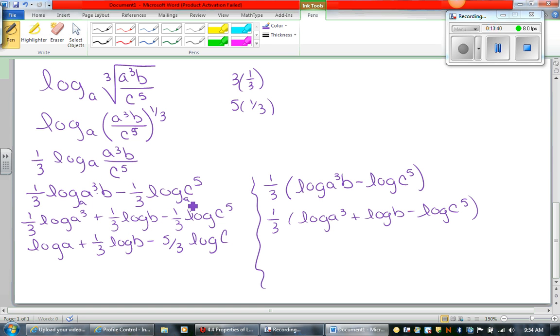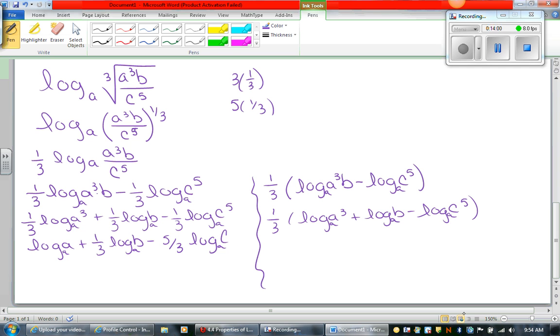My bases. We do need them. Okay. All right, so this is done.